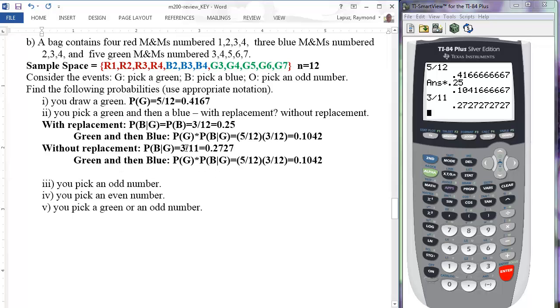And so in this case, the probability that we're going to get a green and then a blue is going to be the multiplication rule, P of G times P of B given that we'd already chosen a G. So that's 3 out of 11 times 5 out of 12.